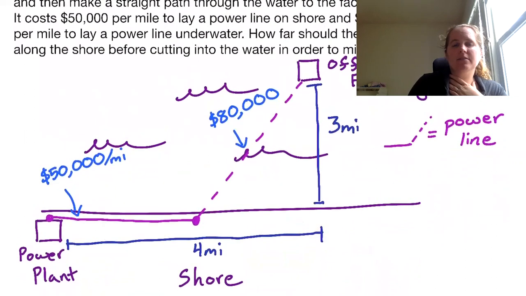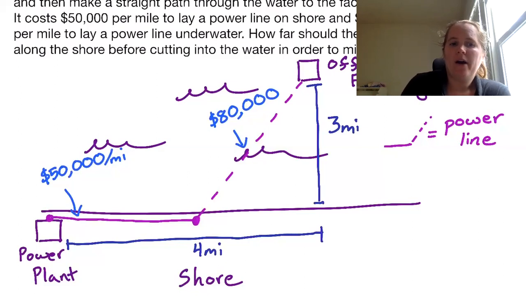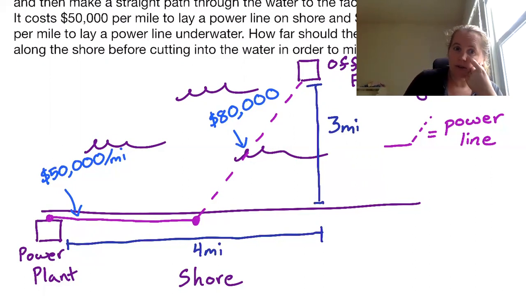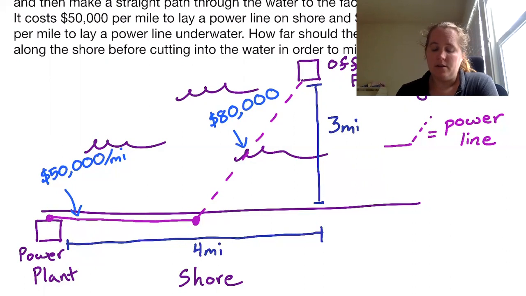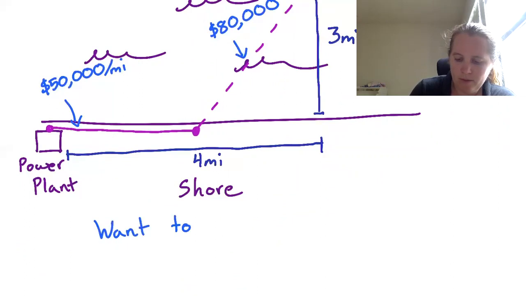And then we are being asked, if we want to spend as little money as possible, how far should the line run along the shore before it cuts out to sea, in order to minimize the amount of money that we spend? So we want to minimize money spent.